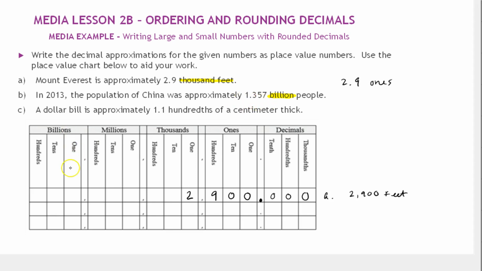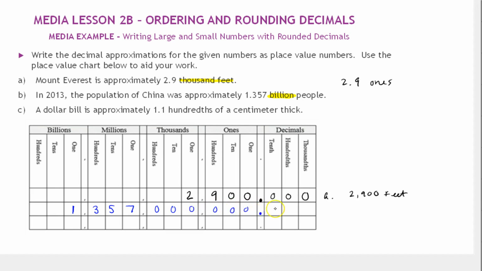Here's the 1 billions place. So I have 1 billion, and the 357 go into the next decimal places. So 0.357 of a billion is actually millions. And now I can fill in the rest with zeros.